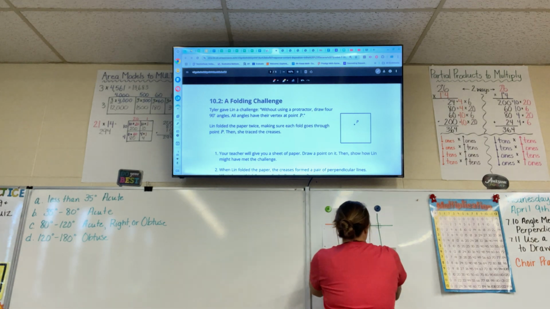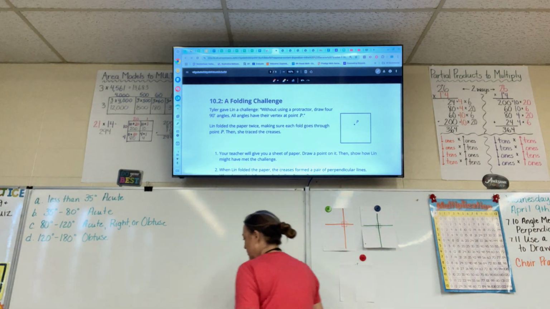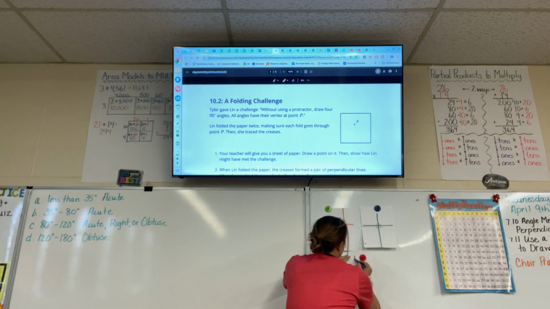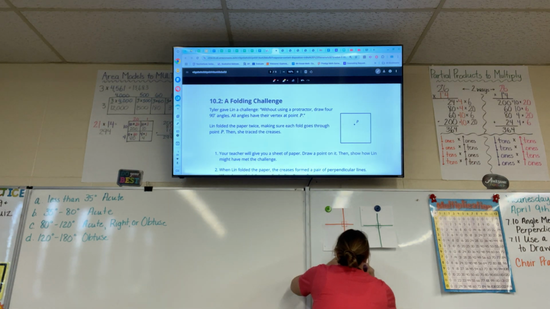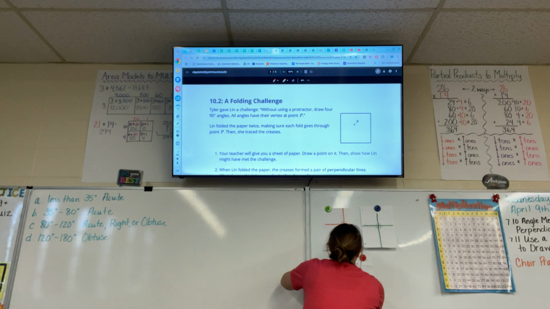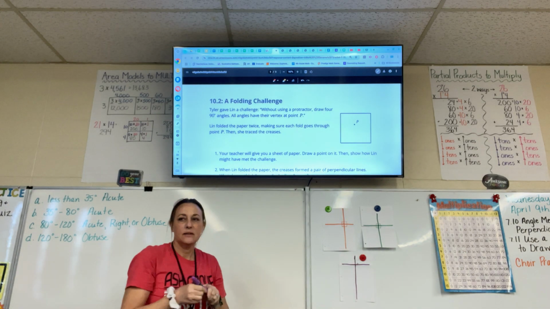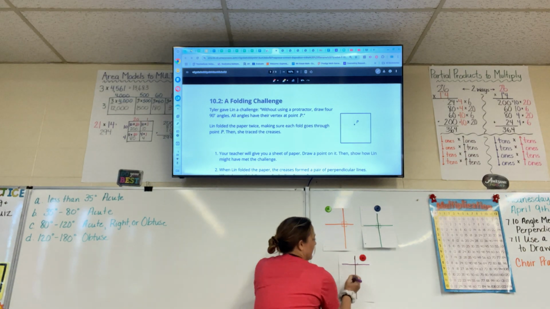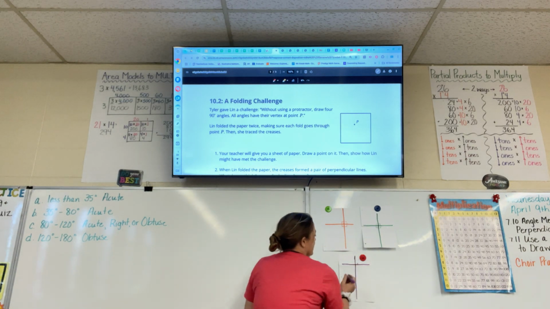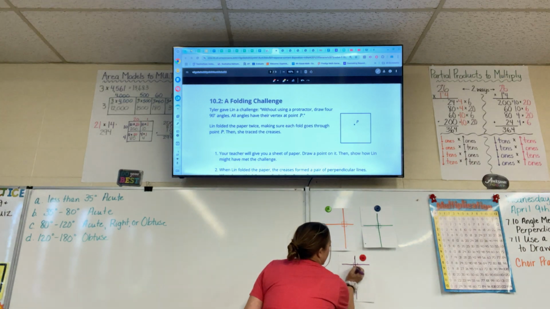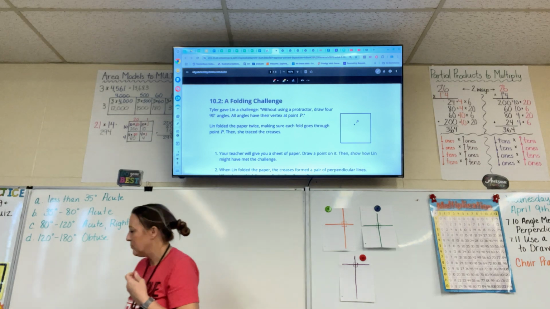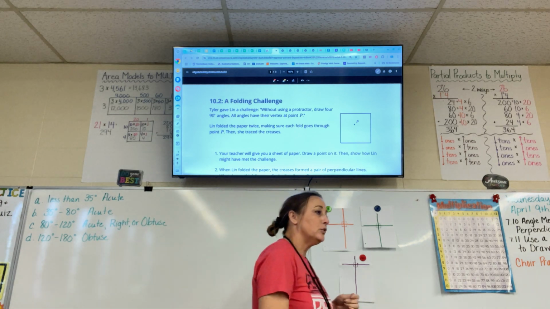So these are the folds that I made. And are these right angles? Yes. And do they all go through the point P? Yes. So they form 4 right angles, and that's how you would do it. You would just make sure that the fold goes through your point.